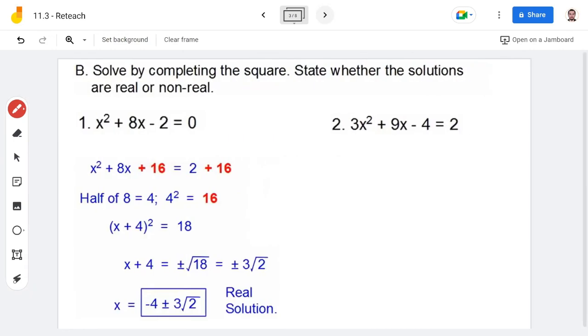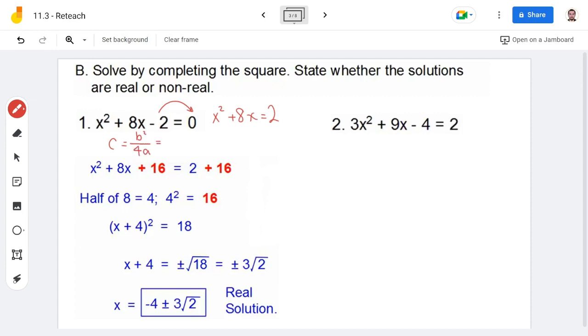Now let's start doing the complete square for this question. First, let's find c. Let's take the negative 2 to the other side, so it will be x squared plus 8x equal to positive 2. Now let's find c. So c is equal to b squared over 4a.